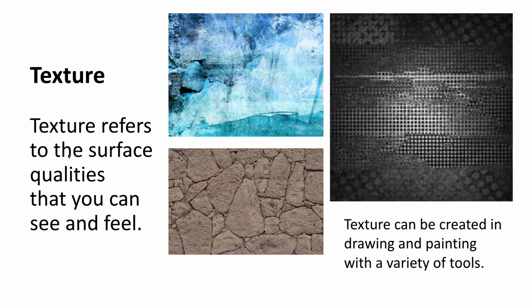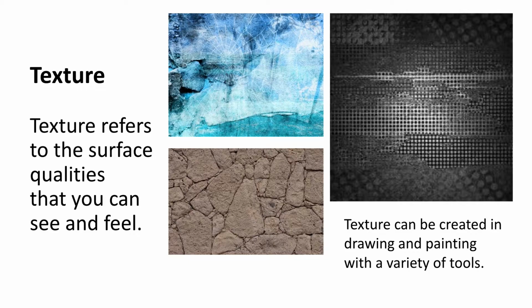Texture can be seen and it can also be felt. It's an important element in art and in photography, and it adds a lot of visual interest. The big black square, the darkest one over there, looks like a screen or netting, and it has a lot of interesting texture to it.